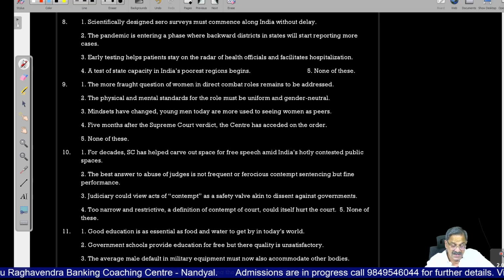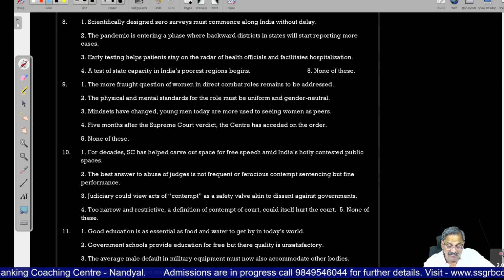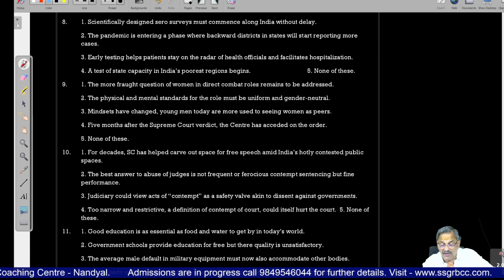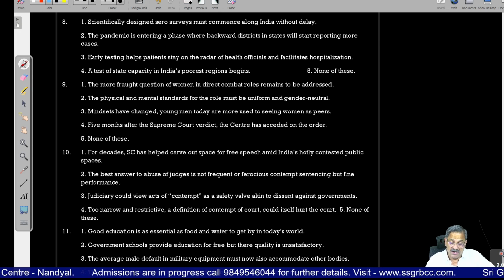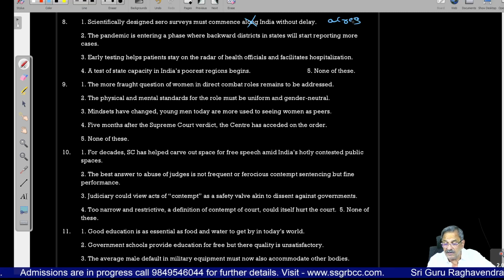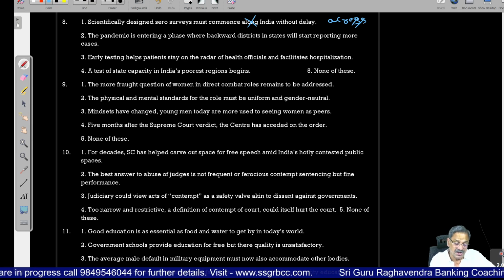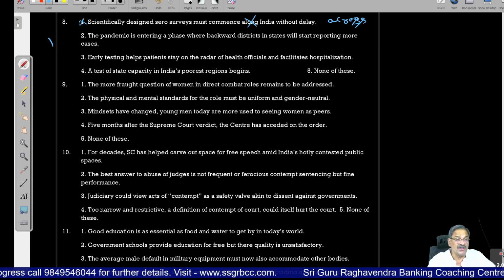Then scientifically designed zero surveys must commence across India, not along India, across India. So the first sentence is wrong.